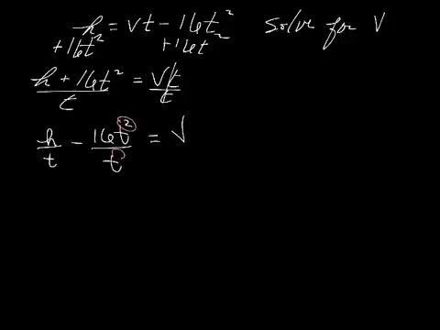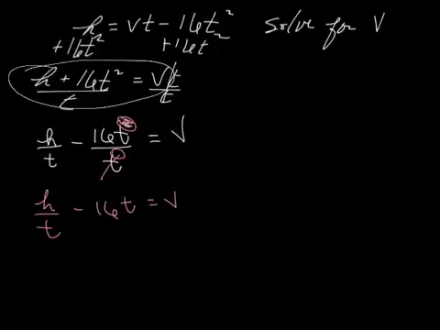A t squared and a t to the first. So one of these t's is going to cancel with one of those and be left with one. So h over t minus 16t equals v. Now for some reason, the book left it as this for the answer, so I guess that's okay.